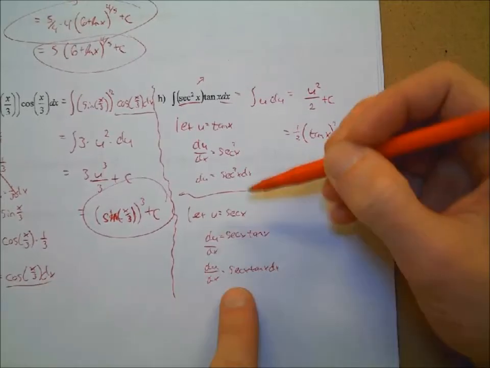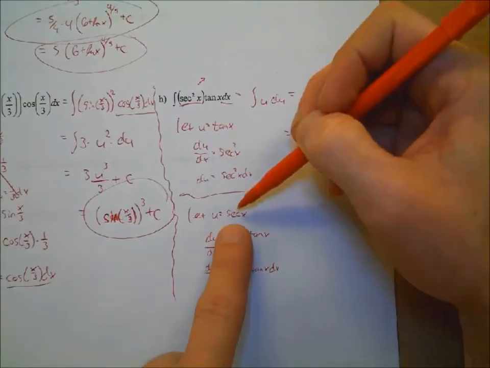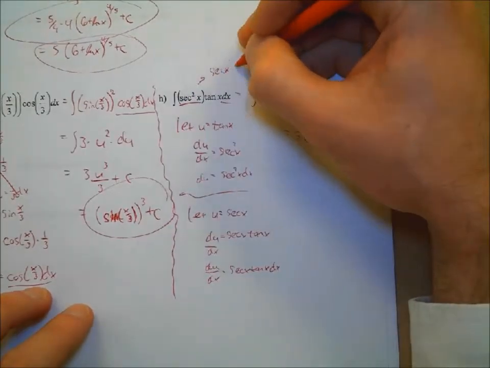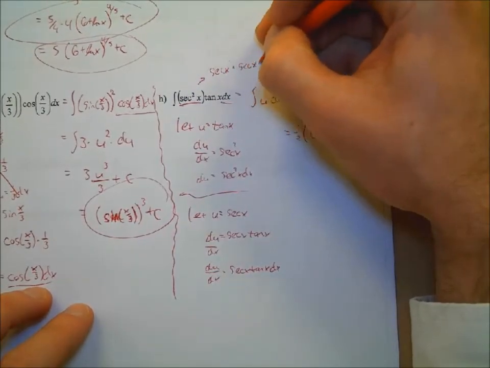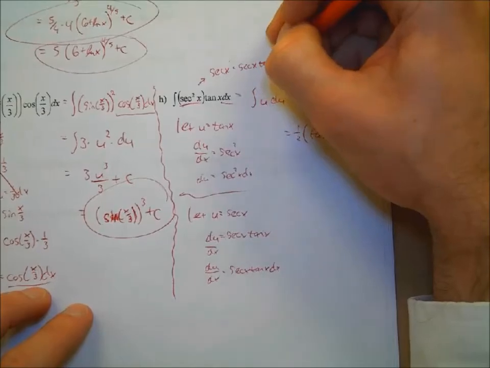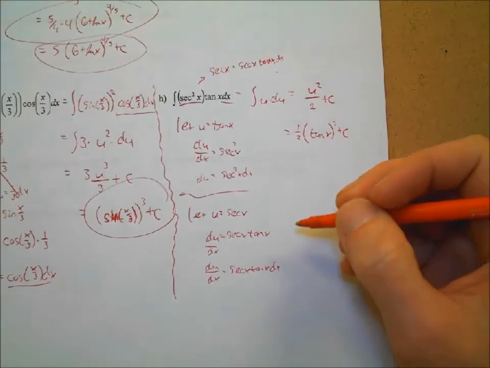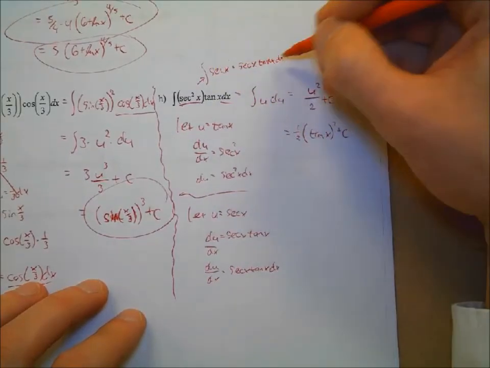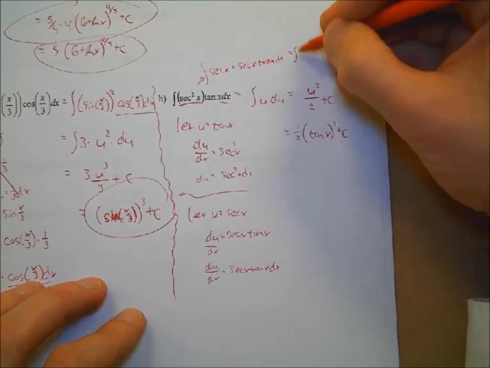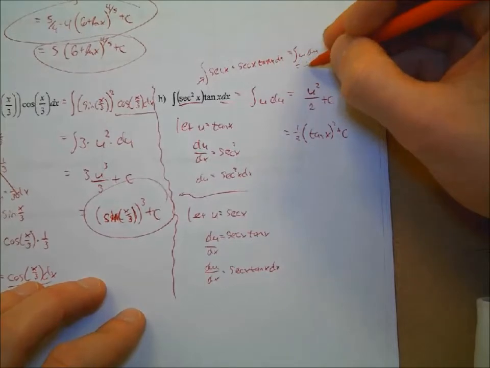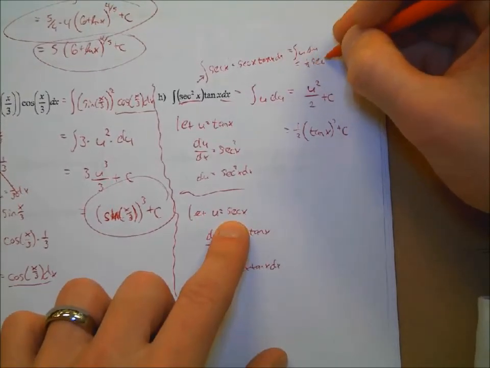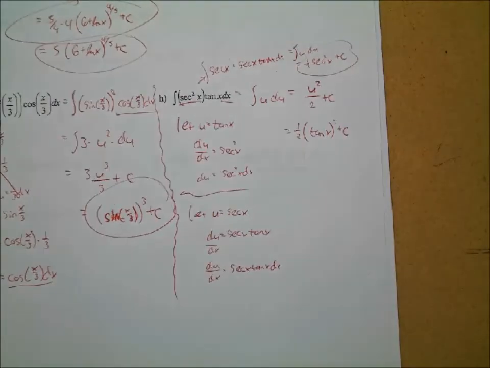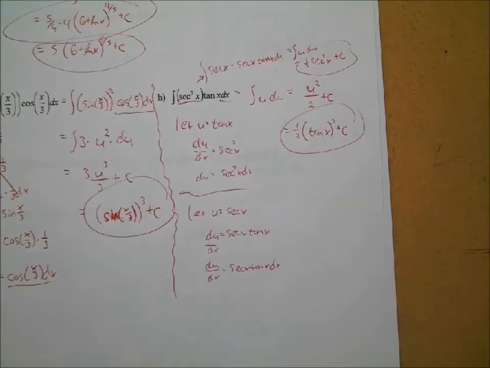When you take your u as just secant of x, we can rewrite this as secant x times secant x tangent x dx. And so this ends up also being the integral of u du. So we get 1/2 secant squared of x plus c. That's what you got, right, Sarah? Yeah. That's still right.